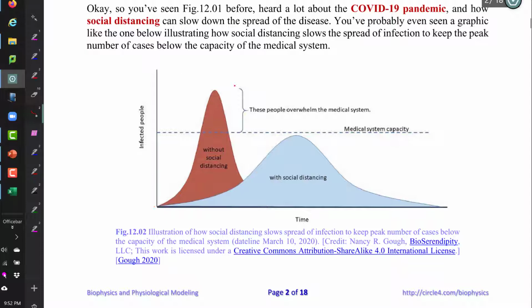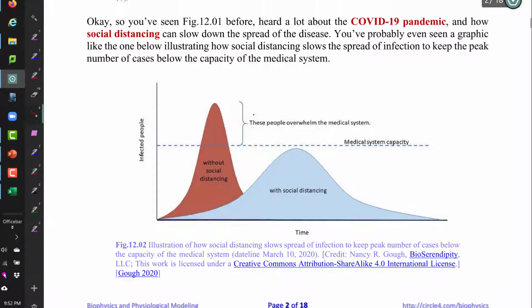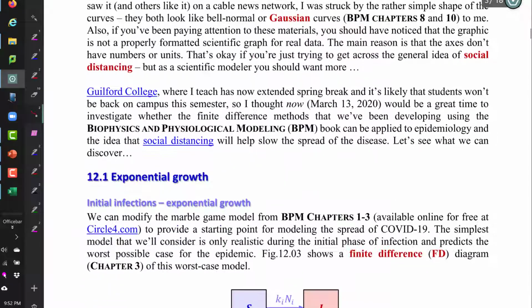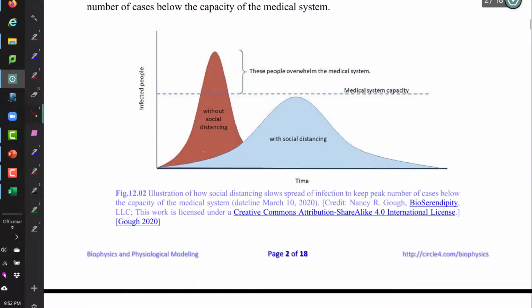Anyway, this was one of the motivating things for this whole chapter: can you understand why social distancing will lower the curve, flatten the curve? What we've actually discovered is that if we halve the infection rate constant, we can go from a peak that's this big to one that's half as big.